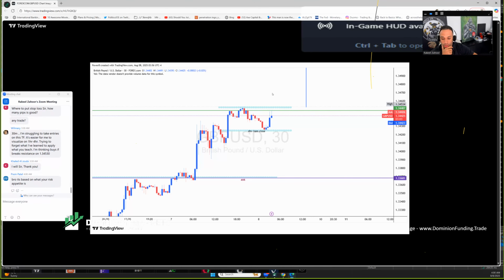That's the most important. Is there a candle that breaks and closes above? If it breaks and closes above, then there's a probability for price to continue to push up. Those are the things I'd be looking at if I'm trading GBPUSD.